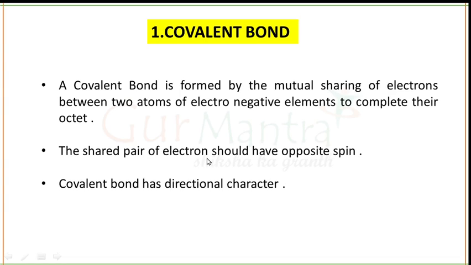Covalent bond has the directional character. For many molecules, the sharing of electrons allows each atom to attain an equivalent of a full outer shell, corresponding to a stable electronic configuration.